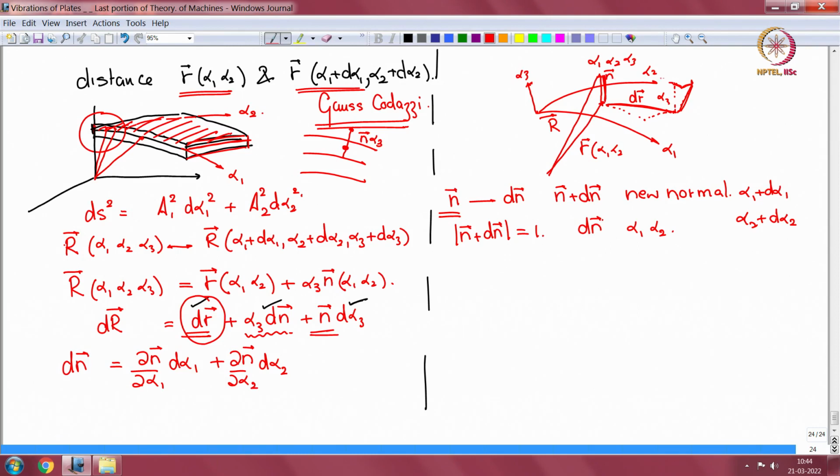So, now from here to there is the dr, or from here to there, is r bar of alpha 1 plus d alpha 1, alpha 2 plus d alpha 2, alpha 3 plus d alpha 3. Okay. So, that is the pictorial version of it.